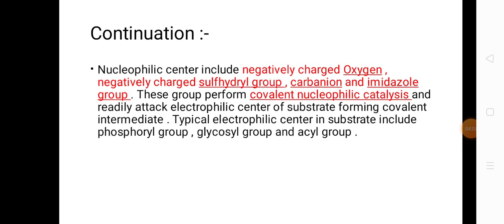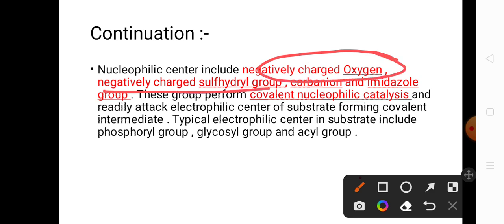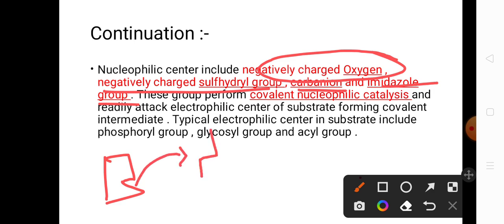For covalent nucleophilic catalysis, the enzyme should contain negatively charged groups or nucleophiles. They include negatively charged oxygen, sulfhydryl groups, carbanion groups, imidazole groups, etc. If the enzyme contains this type of negatively charged group, it will readily attack the substrate having electrophilic centers.